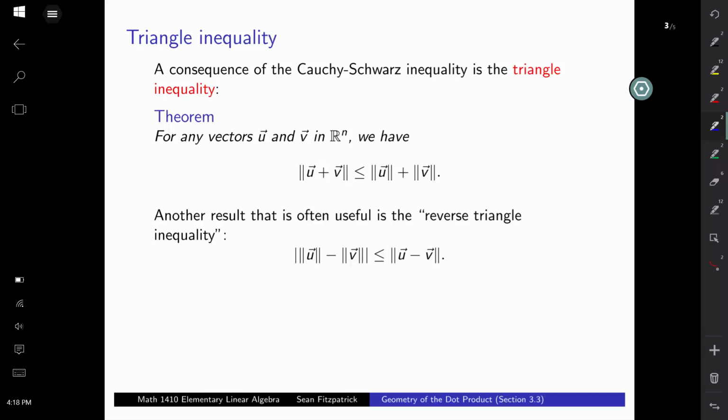So the Cauchy-Schwarz inequality says that for any vectors u and v, the absolute value of the dot product, remember, the dot product is a number, it might be either positive or negative, we take the absolute value to guarantee that this thing comes out to be positive, is never larger than the product of the two magnitudes, right? This is what Cauchy-Schwarz says. This is Cauchy-Schwarz right here.